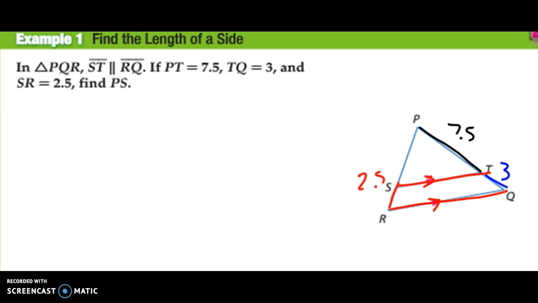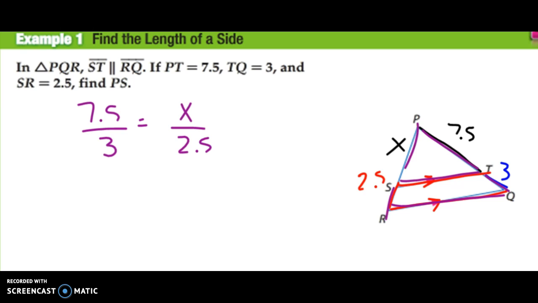Find the length of PS. So this is X that we're looking for right there. Well, Theorem 7.5 said that those would be proportional amounts. It said that since we have two parallel lines, ST and RQ, that the long side, 7.5 over 3, is going to be proportional to X over 2.5.